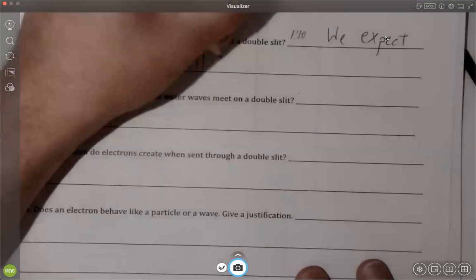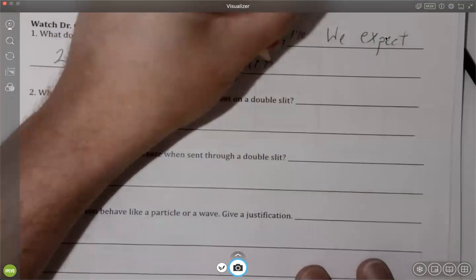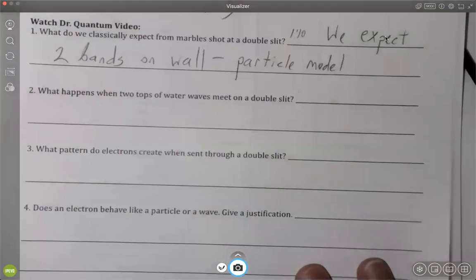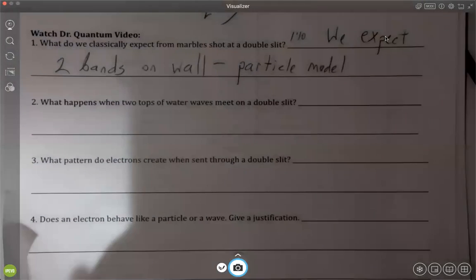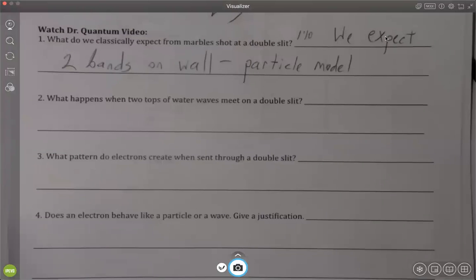And really, it's getting to a particle model. Because when you shoot electrons or marbles through that slit, they're not waves, right? You don't see a wave on it, but you expected one to go through the left side and make a left band, and the one to go through the right side to make the right band.